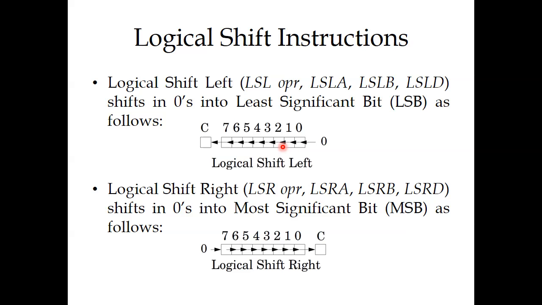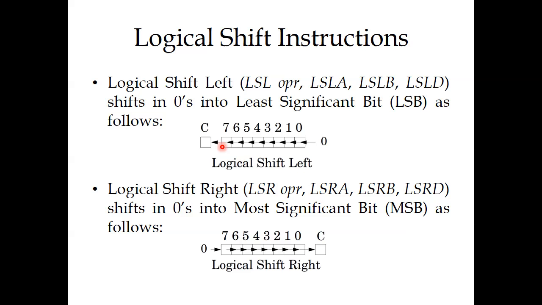Whatever we have in bit 1 goes to bit 2, bit 2 goes to bit 3, 3 goes to 4, 4 goes to 5, 5 goes to 6, 6 goes to 7, and whatever you have in bit 7, the very leftmost bit, goes to the carry.